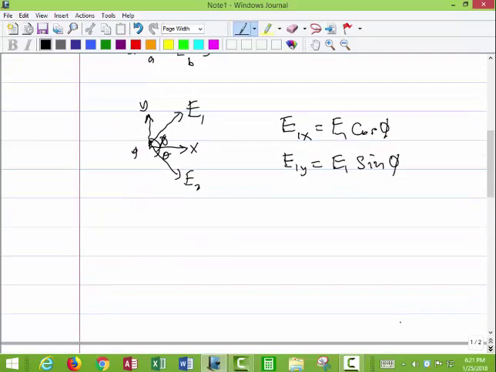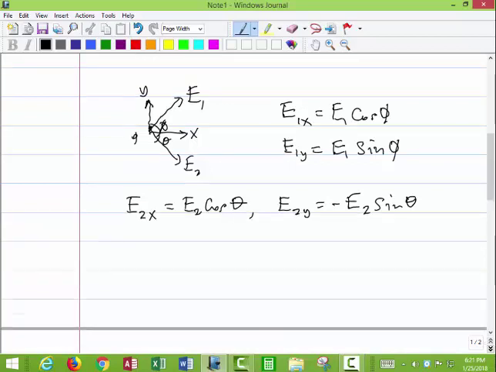And then the same way we can have E2x equals E2 cosine theta, and E2y is equal to minus E2 sine theta. So we can say the net electric field in the x direction, E subscript nx, can be written as E1x plus E2x. So this can be written as E1 cosine phi plus E2 cosine theta.